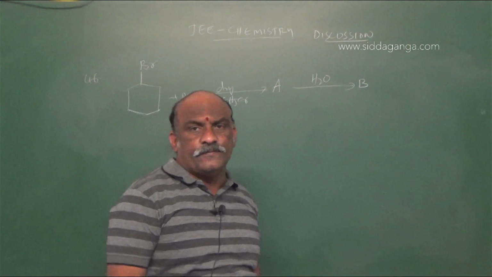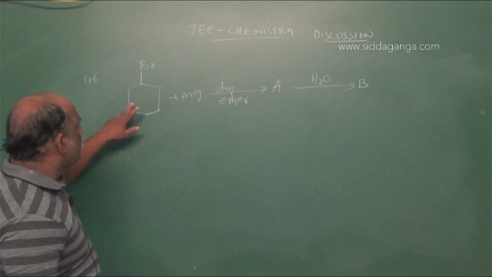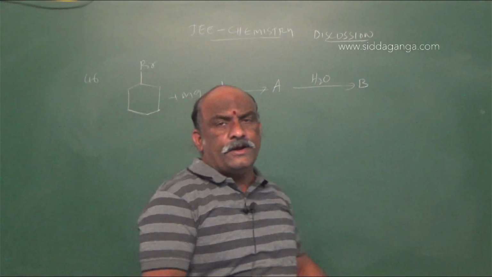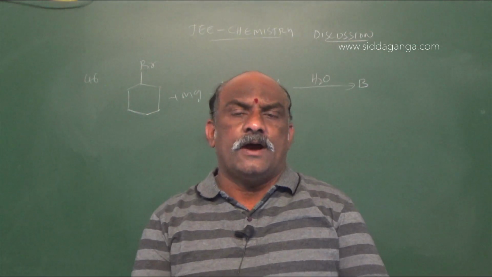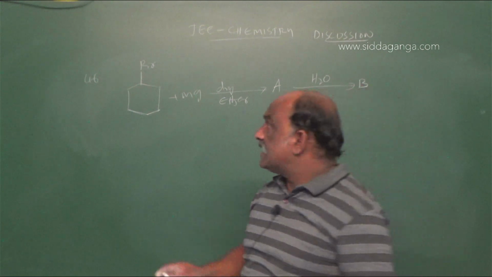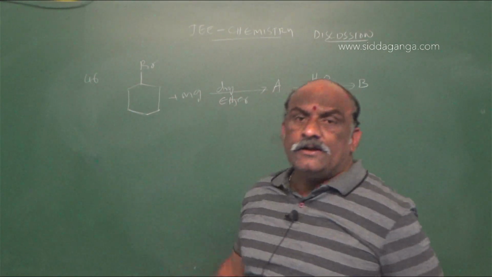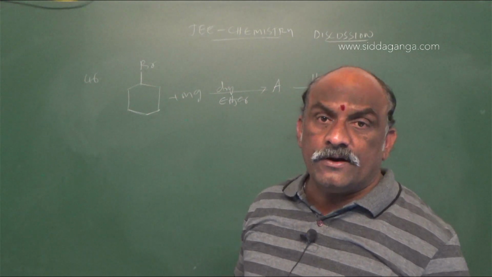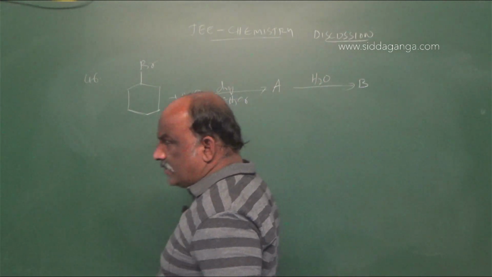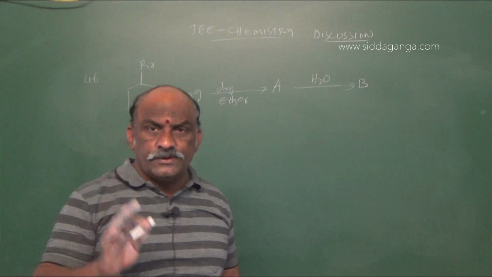This is an alkyl bromide, also called bromocyclohexane. Bromides react with magnesium metal to give Grignard reagents. Remember, that is a very, very important concept.